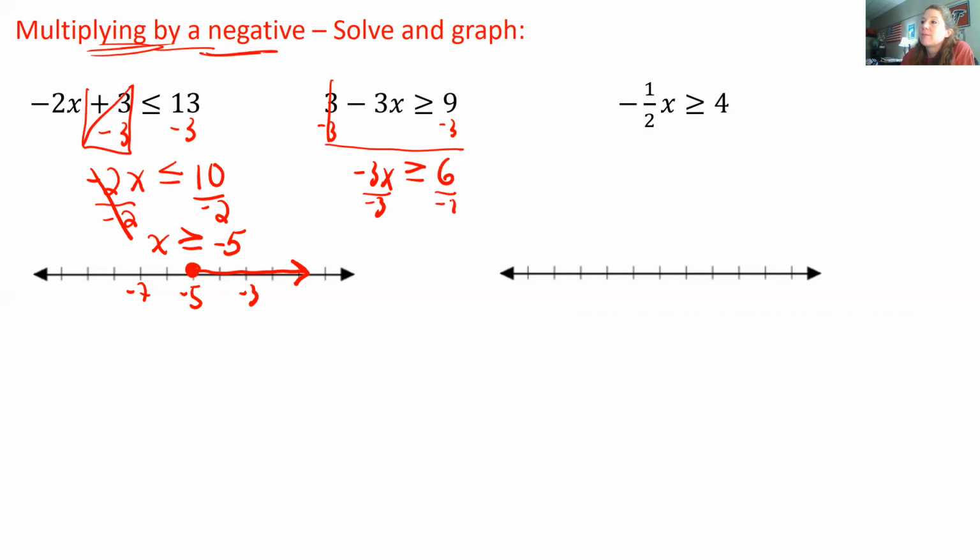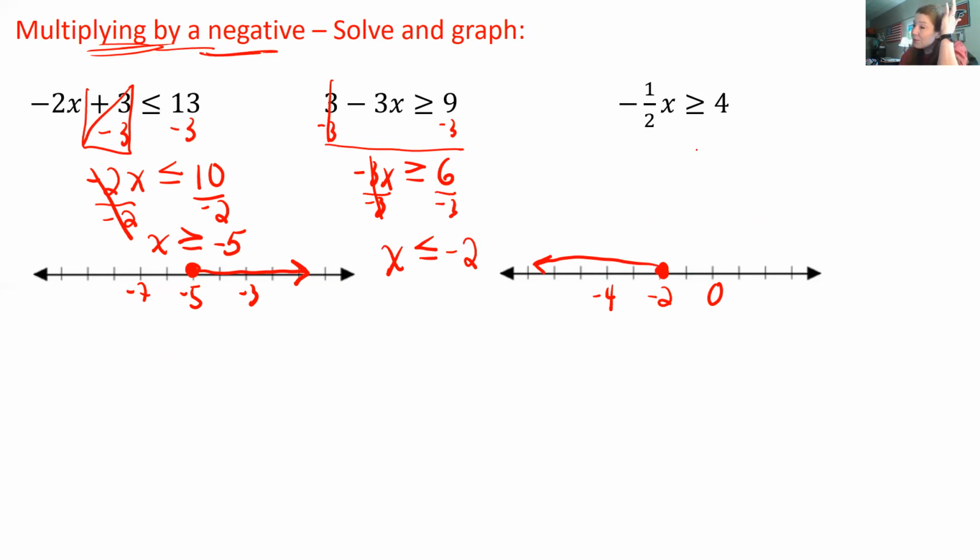You divide by -3. We're dividing by a negative, which means we're going to flip our inequality sign. And 6 divided by -3 is -2. So here's our -2. Here would be 0. This would be -4. We fill in that circle, closed circle, and it points to the left.